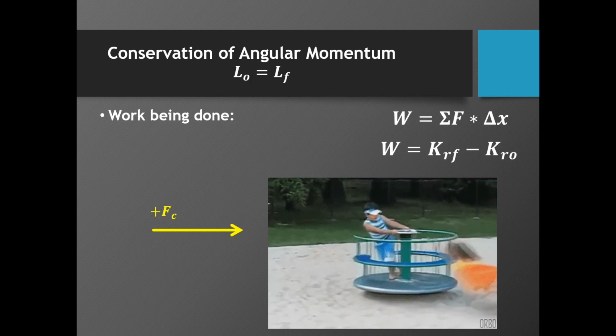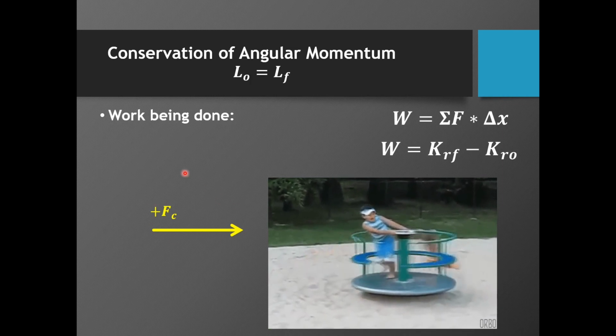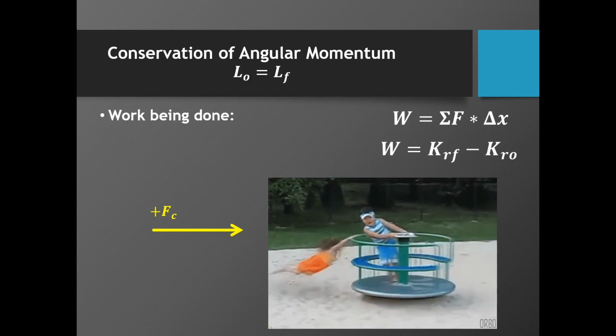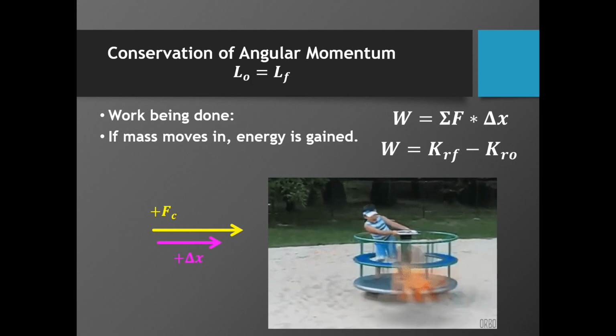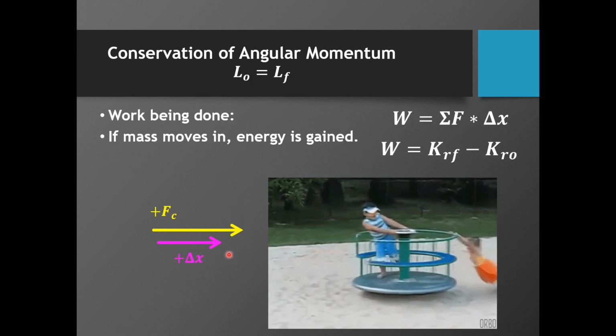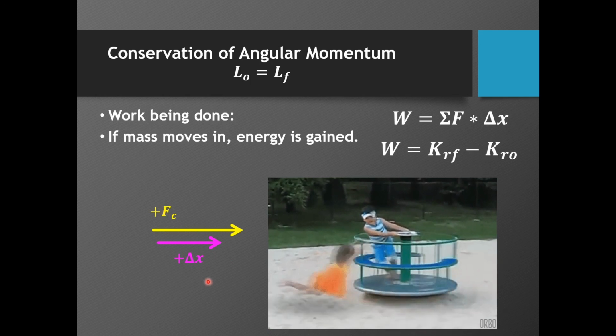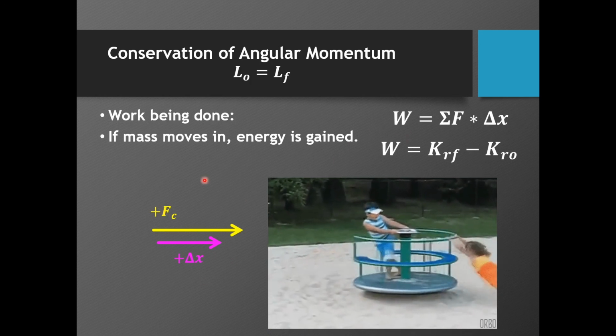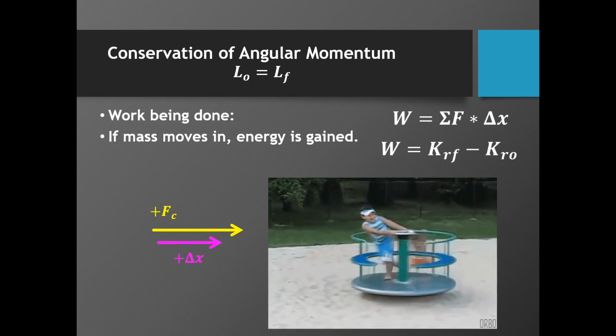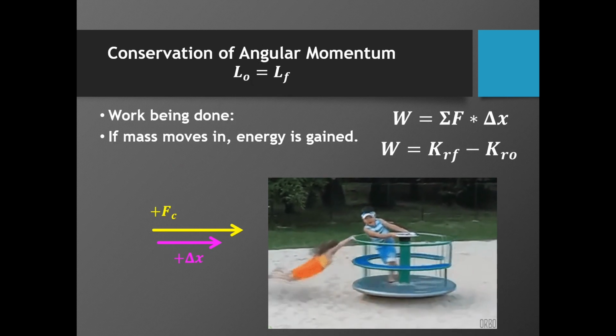An object moving in a circle has a centripetal force, and the force is always towards the center of the circle. So as the child moves towards the center of the circle, that means the force is towards the center, the displacement is towards the center. So the work that's going to be done on the child is going to increase the rotational kinetic energy.